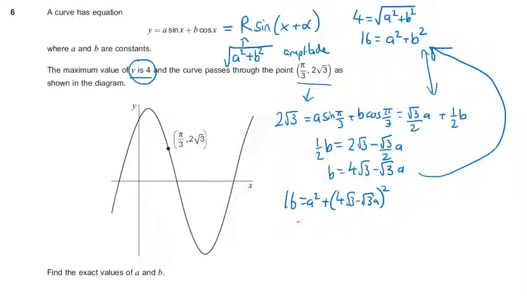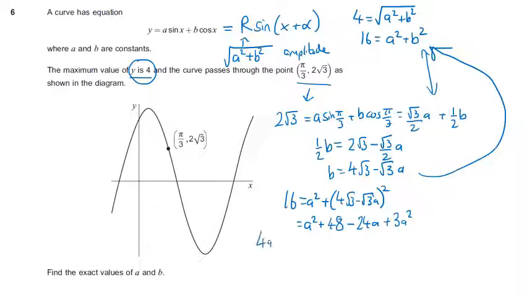all squared. So that's a squared plus, so 4 root 3 all squared, that's going to be 16 times 3 is 48. I'm going to have a cross term, so 4 root 3 times root 3a, that's minus 12a, and then times 2, so that's minus 24a. And then minus root 3a all squared, that's going to give plus 3a squared. So let's rearrange this.